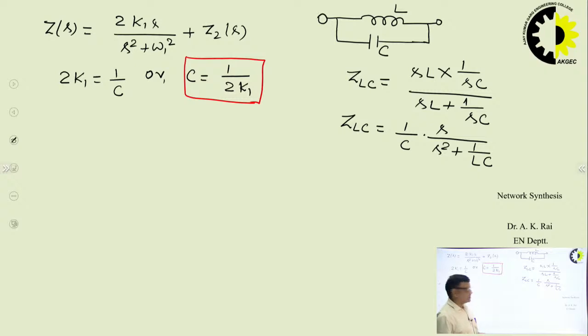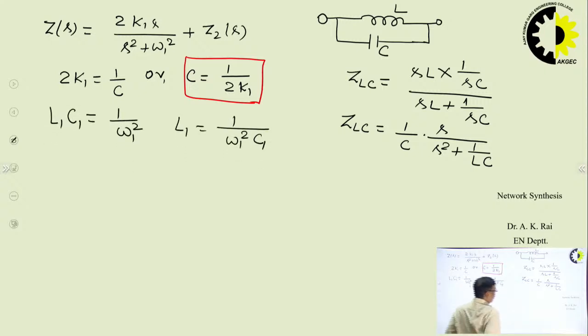So, this way we have the value of the constant, we have carried out the partial fraction expansion and we have determined the value of k1. Omega 1 is nothing but the frequency. So, with k1 and omega 1 given, with the help of these two variables we can determine the L and C. So, for C it is 1 by 2k1, and this omega 1 square is nothing but 1 by LC.